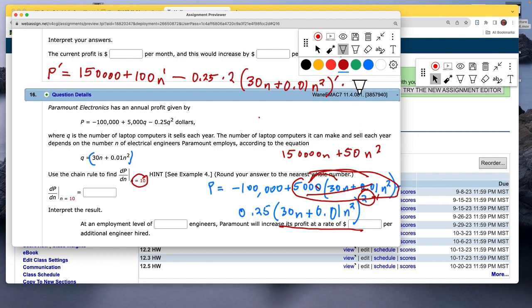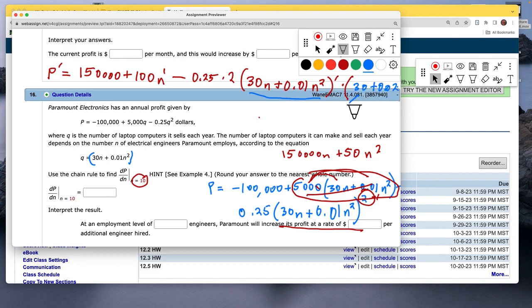And then now this is the chain rule part. So that's kind of like all this long thing. There's only one part that's really from today's that's new. This is going to be the derivative of the inside stuff, which will be 30 minus n squared. The 2 comes down, so that's 0.02 n to the first power. I'm running out of room.